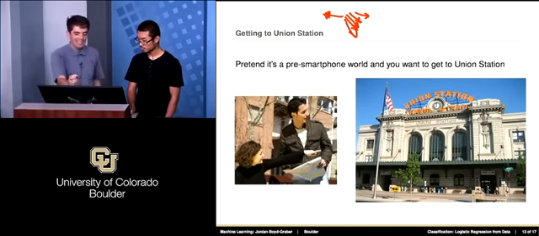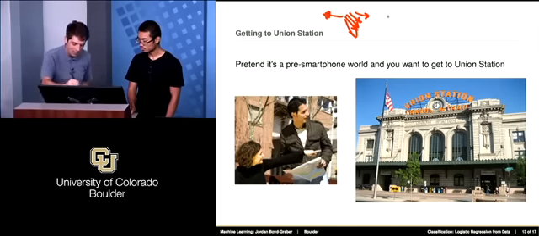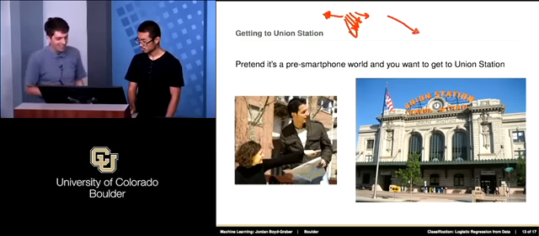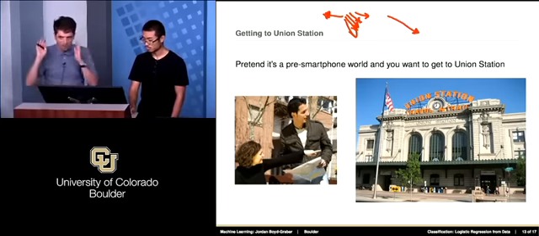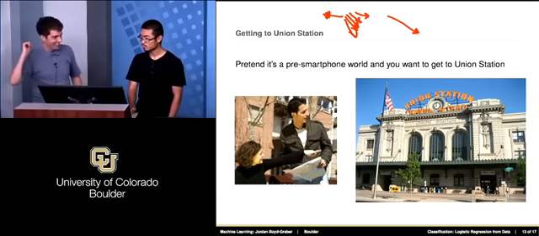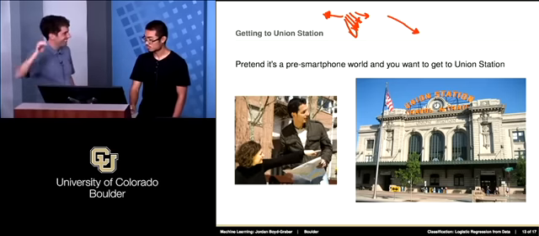And when you take the average of this using the wisdom of crowds, you will get a very good direction to go to Union Station. You could probably walk on that line. You would probably cross some highways on the way there. That would probably be dangerous, but you get a good straight shot to Union Station.